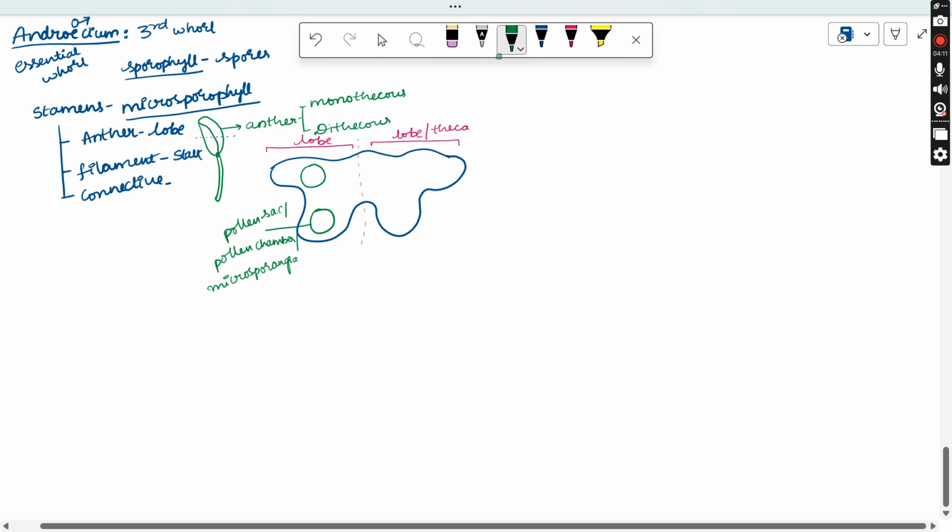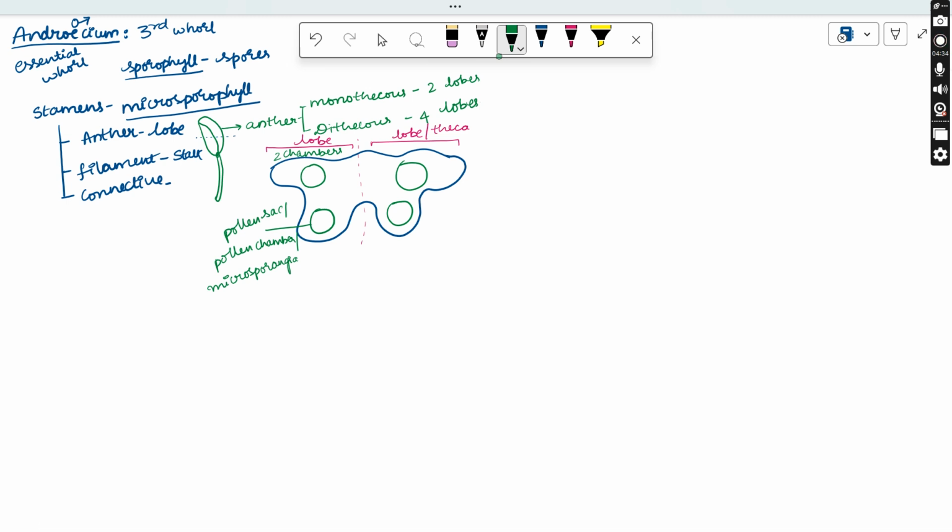Now, one theca contains two chambers. So two thecae will contain a total of four chambers. So the monothecous anther will contain two chambers, whereas the dithecous anther will contain four chambers. In this condition, the four chambers are there, so those are tetrasporangiate, and these are bisporangiate.